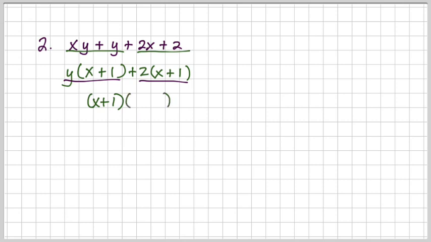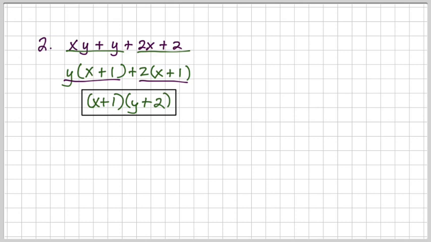And it's going to be times a binomial since there's two terms. So again, x plus 1 times something is this term here. So I'm missing the y. And then x plus 1 times this term is going to be this term here. And so you can see we're missing the 2. And so that's our answer: the quantity x plus 1 times the quantity y plus 2.